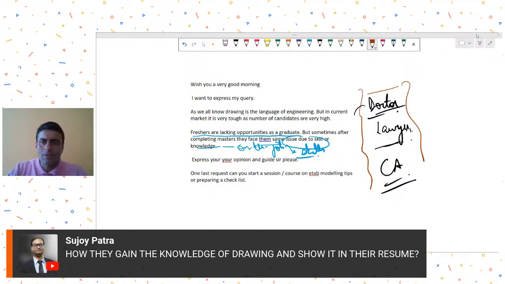So yes, that is true, and the solution to it, I think, is that you will have to spend time after your engineering or post graduation, either do some internship with someone or try to learn these skills as they are required to be done in an actual job.